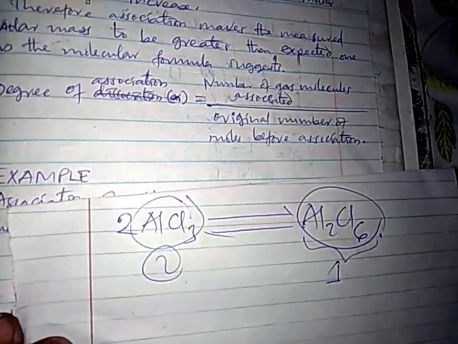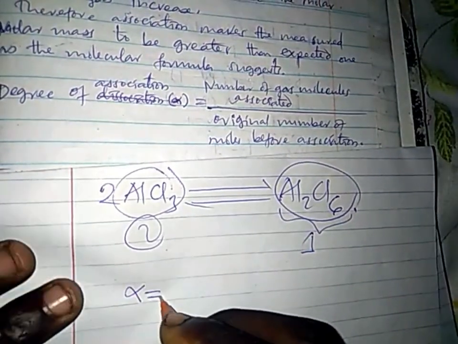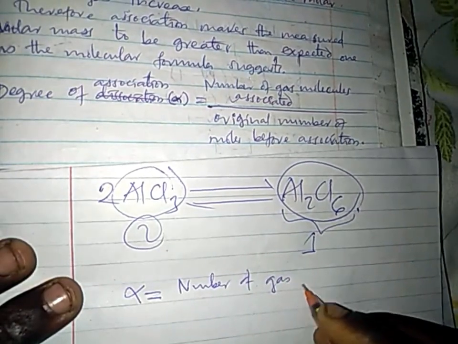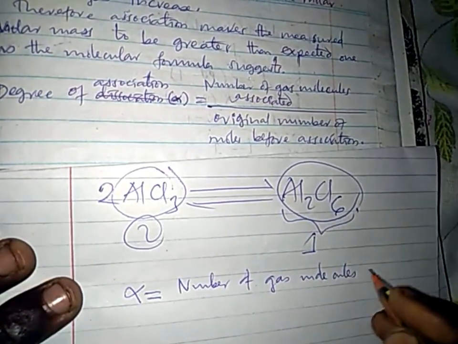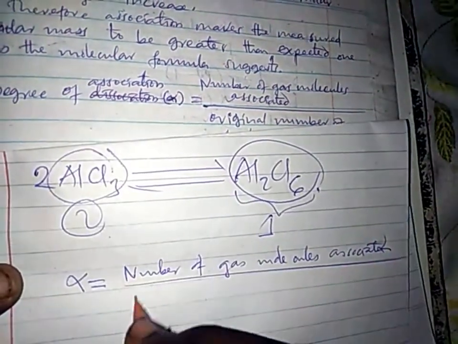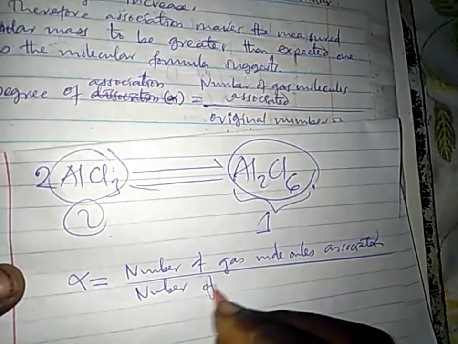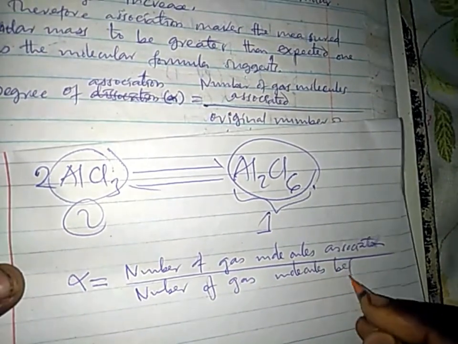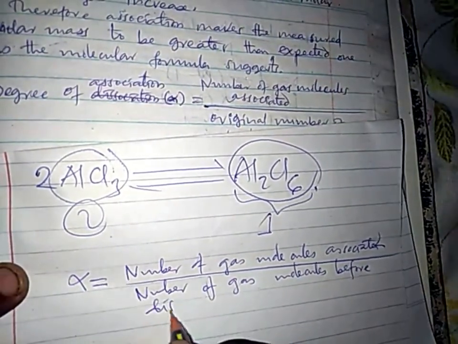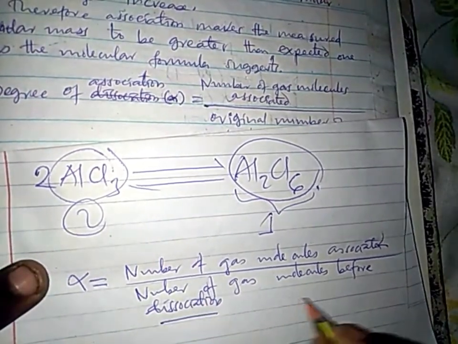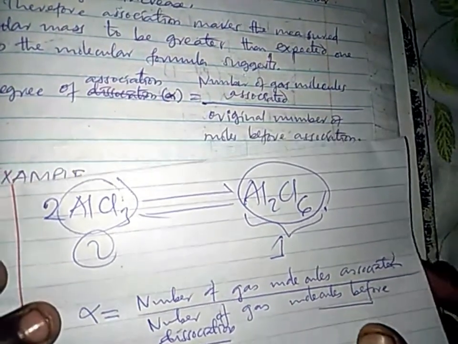So for the degree of association, the formula is different. Degree of association is equal to the number of gas molecules associated divided by the number of gas molecules before association. That is how we calculate the degree of association.